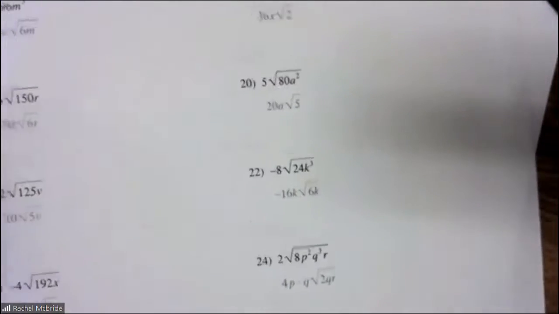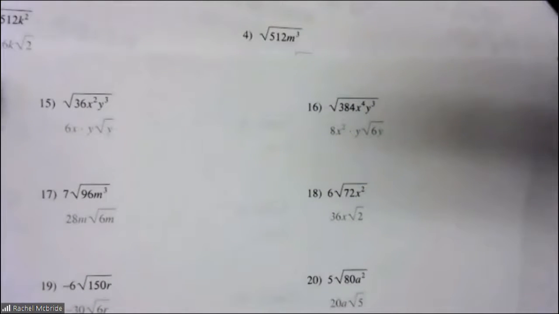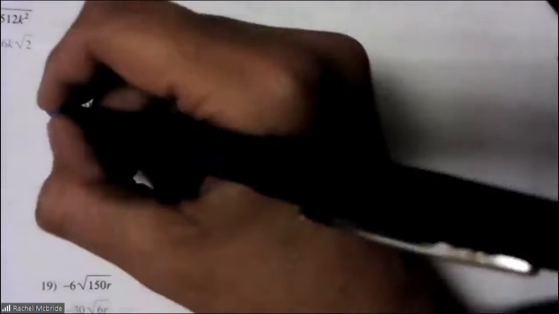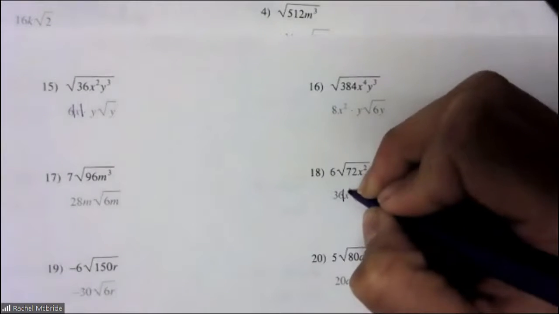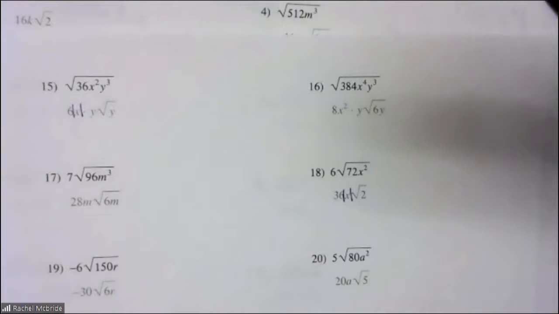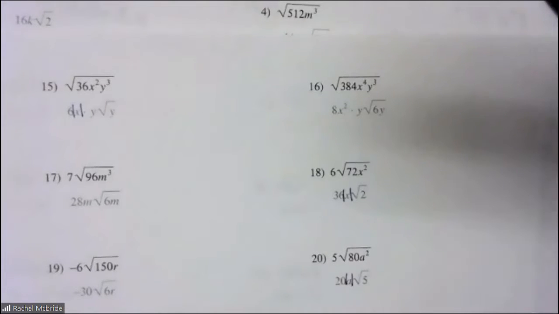Okay, and then on the back. So again, any of these that you need to see extra work for. So remember, if it's even and becomes odd, you get absolute values.